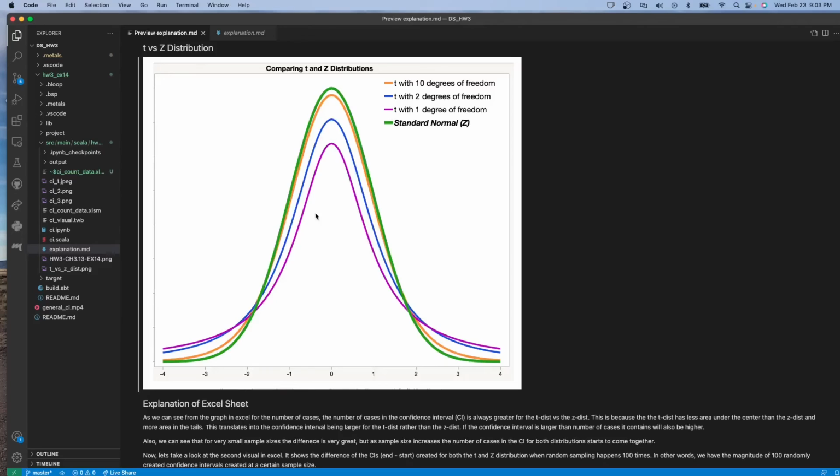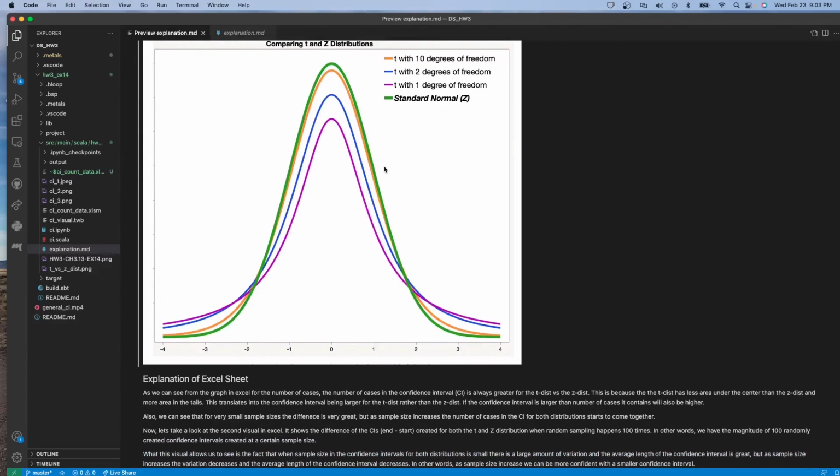The Z is typically for large sample sizes, the T is for small, although when the sample size becomes large, they become approximately equal, and that's why most people don't bother with the T and just use the standard normal, or the Z. And this isn't a problem because we can use large enough samples to approximate the true mean and the true standard deviation of a population, even if we don't intrinsically know it.